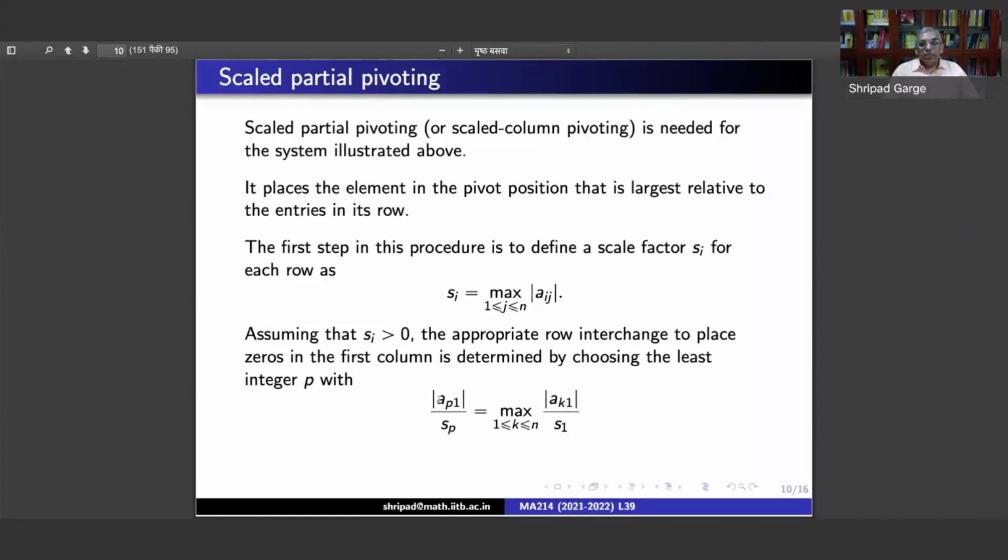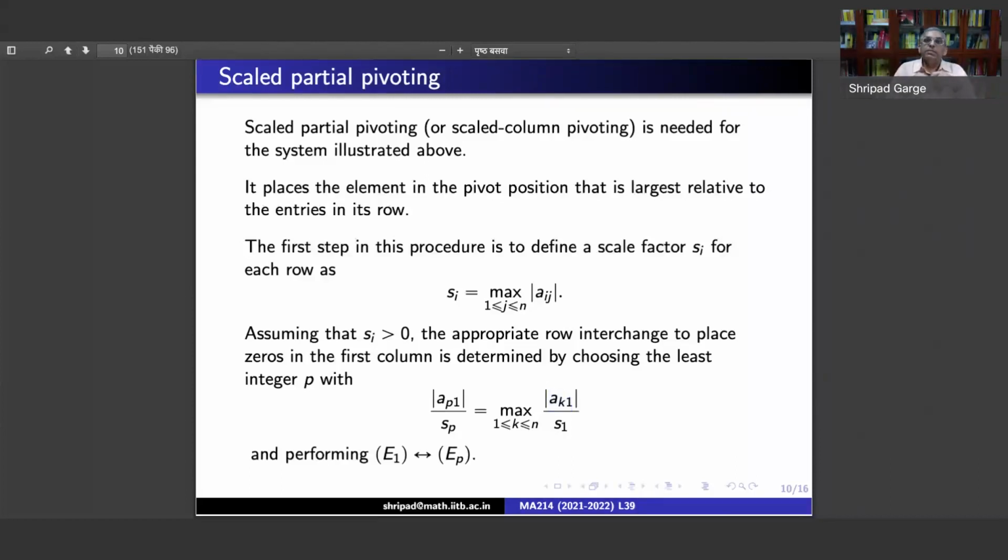We would look at that particular p for which mod ap1 is the maximum of mod ak1. But here we have to change the set over which we are taking the maximum. It is not simply the entries in the first column, but the entry being divided by that scaling factor. And then we look at the one which has the maximum value with respect to all these, and that one is being interchanged with E1.